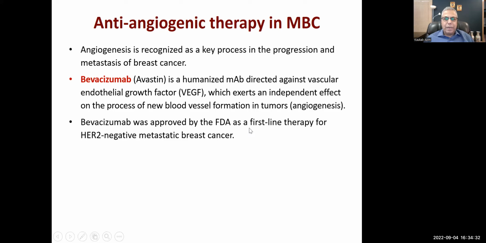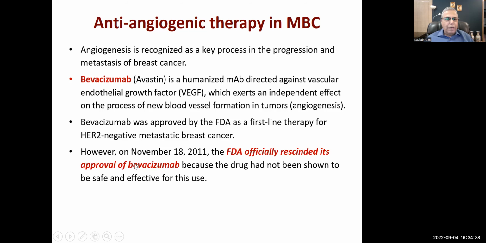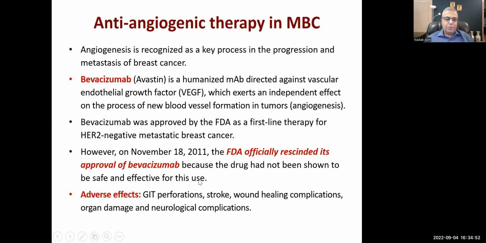Bevacizumab was approved by the FDA as first-line therapy for HER2-negative metastatic breast cancers. However, in November 2011, the FDA officially rescinded its approval of bevacizumab because the drug had not been shown to be safe and effective for this use in breast cancers.